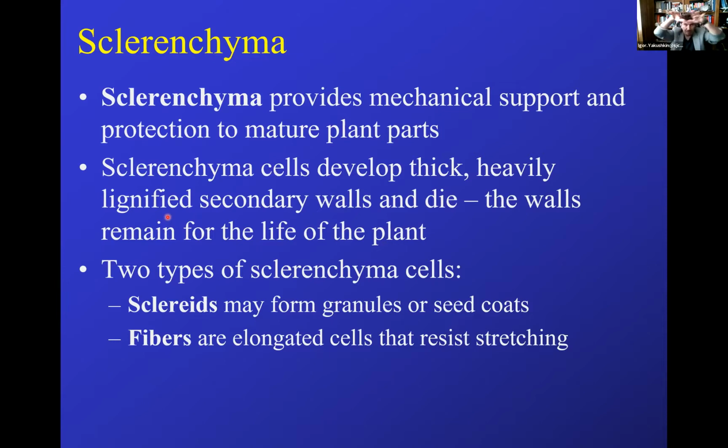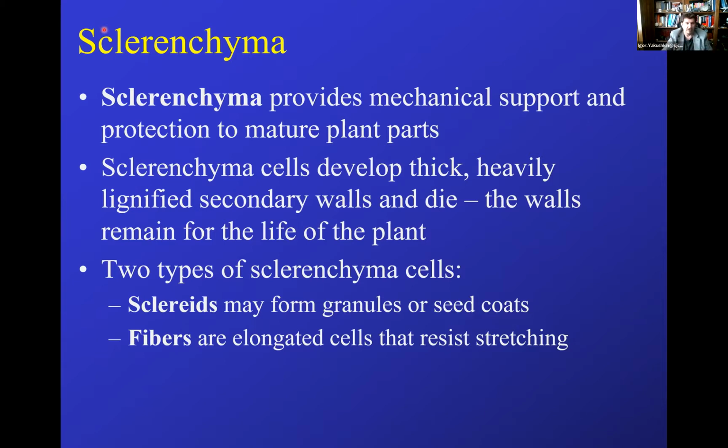It's creating a cage where it will die inside, because that secondary wall will prevent it from exchanging nutrients and waste. So sclerenchyma as an adult cell is a dead cell. Essentially, it's a skeleton of the cell. It builds up a very thick wall, and it's used for mechanical support.